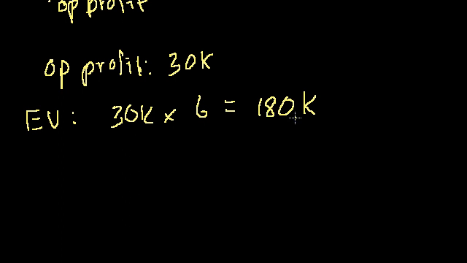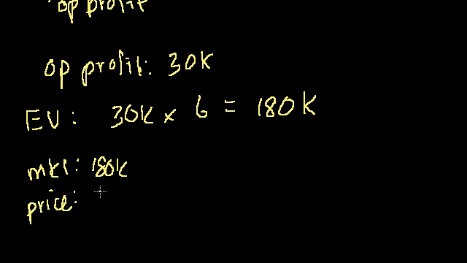There's no cash there. There's no debt. So I would divide that by the shares. The market cap for the first guy should be 180,000. And so the per share price, the price I'd be willing to pay, is $18, because it had 10,000 shares.